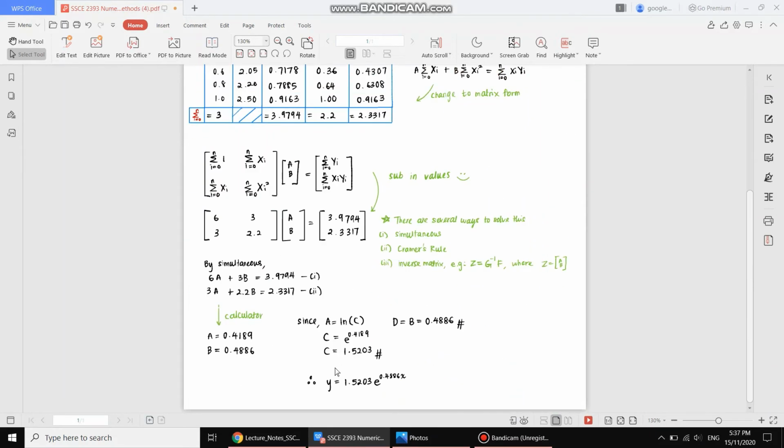The final step will be putting the values of d and c into the equation, which is y equal to 1.5203 exponential 0.4886x.